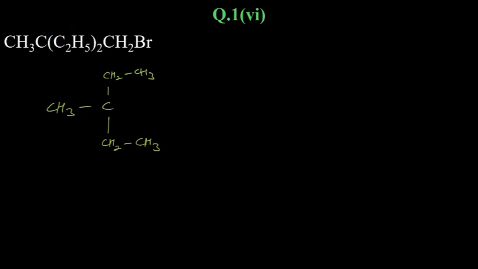And then to this carbon is attached, CH2 and then Br. Now, why I am saying this is tricky question? The tricky question is that you need to find out the longest chain, and longest chain, many students make mistake. Okay. First, let me see how many of you can give me the answer.